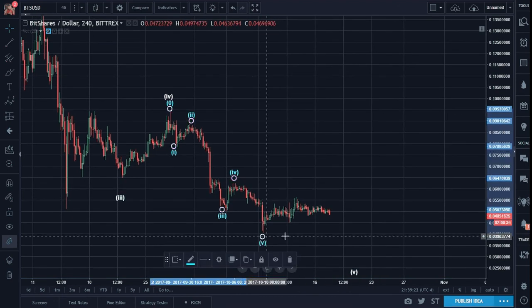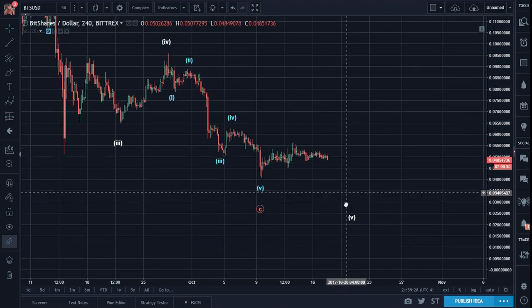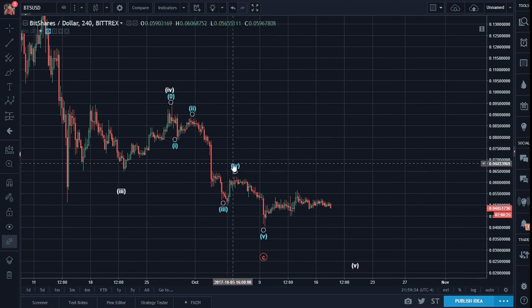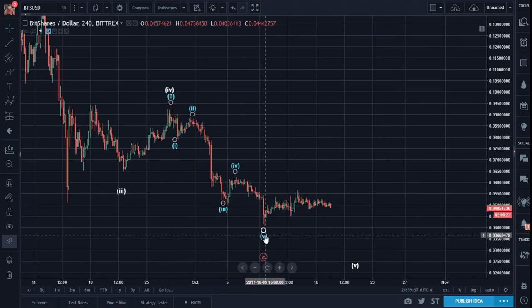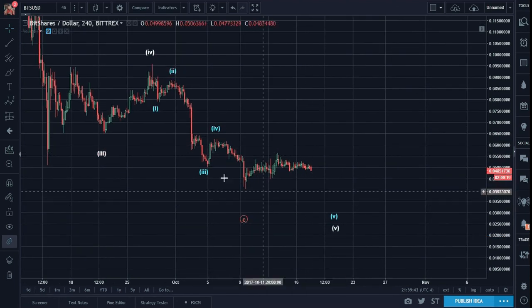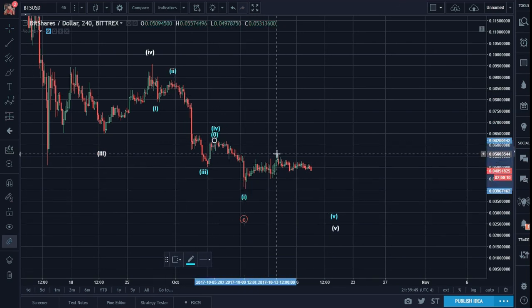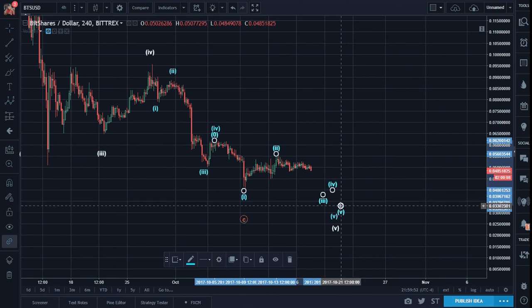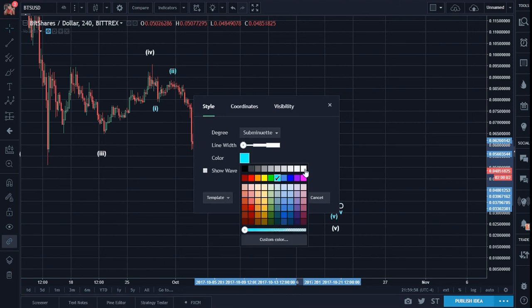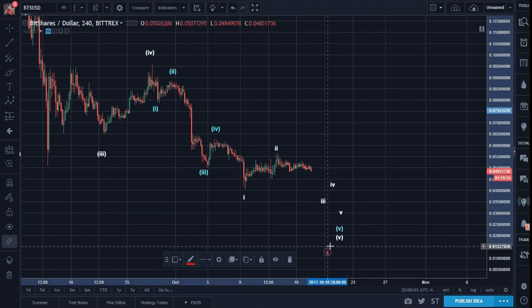We can call this C. But we can also say 1, 2, 3, 4, 5 could be here, where we can then subdivide this to 1, 2, 3, 4, 5. And C could be here.